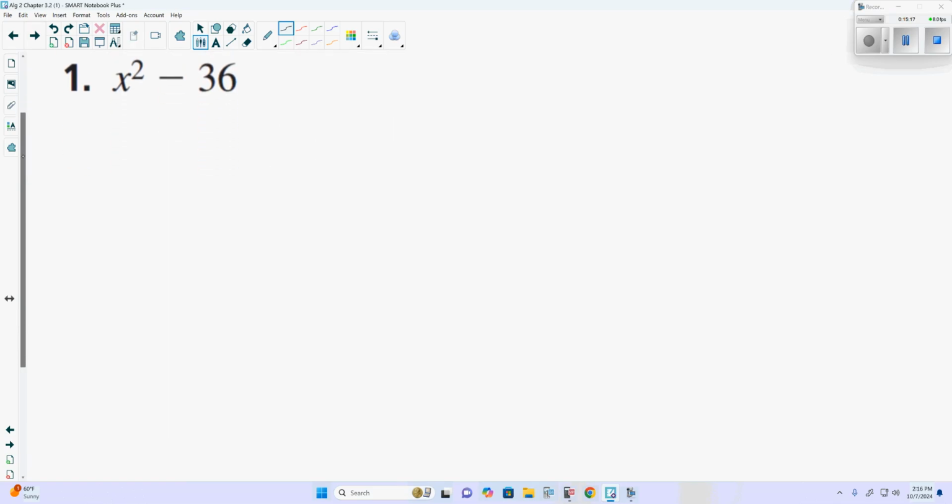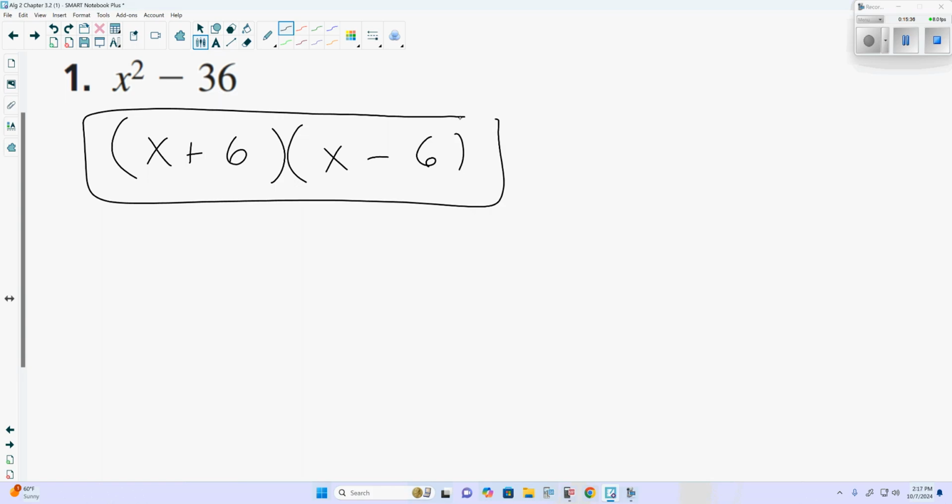X squared minus 36. So what times itself is x squared? X. What times itself is 36? So what we've done the last few steps, putting it in parentheses squares, is just another way to remind ourselves what is A, what is B. If we can see it, we can plug it in.